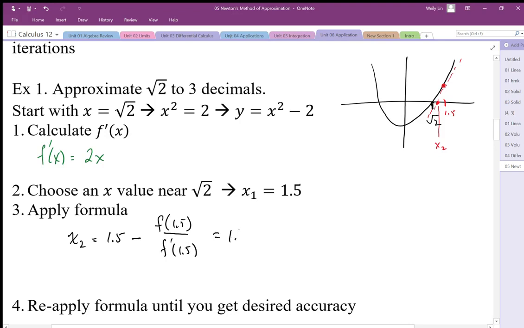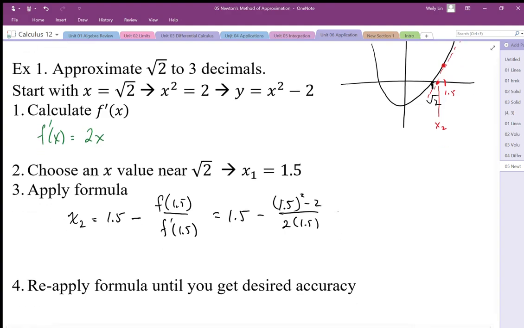So that's going to be 1.5 minus, f of 1.5 is 1.5 squared minus 2, over 2 times 1.5. So our first iteration is going to be equal to 1.5 minus, this is 2.25 minus 2, or 0.25, over 3. So that's going to be 1/12.